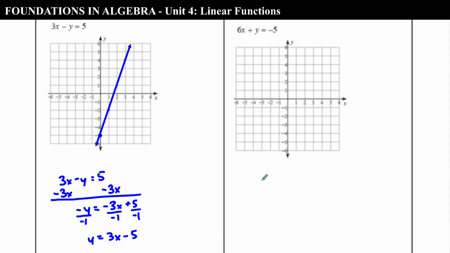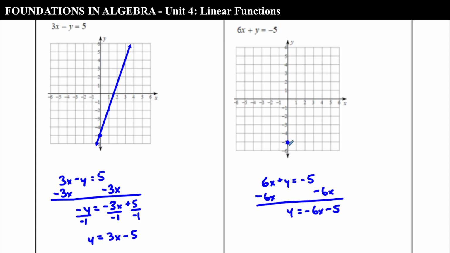For the next one, we have 6x plus y equals negative 5. Well, all we've got to do is subtract 6x from each side. And that's going to give us y equals negative 6x minus 5. So again, y-intercept of negative 5.